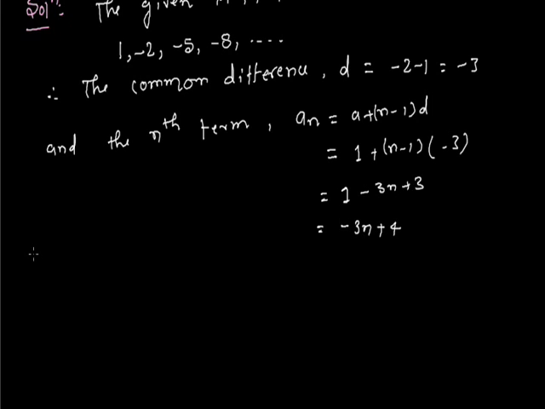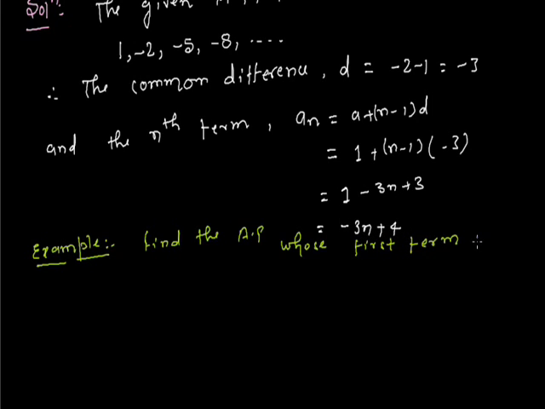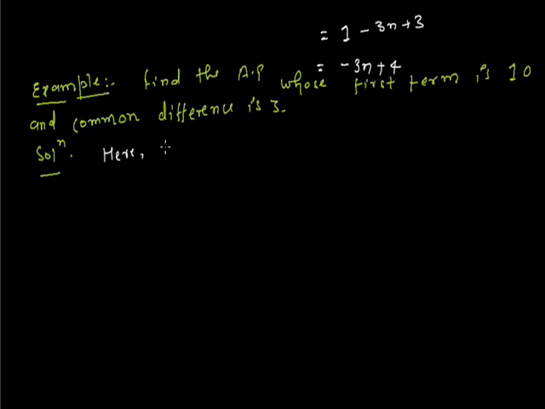Now let us take another example. Find the AP whose first term is 10 and common difference is 3. Here the first term is 10 and the common difference is 3.